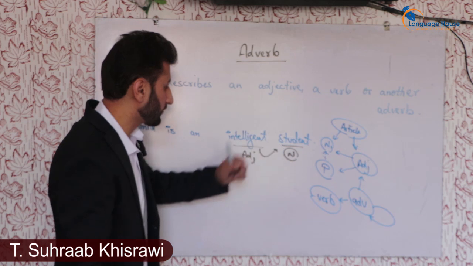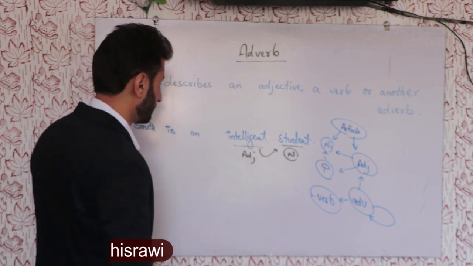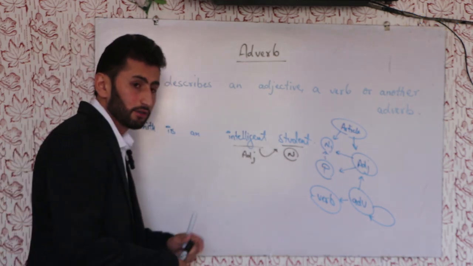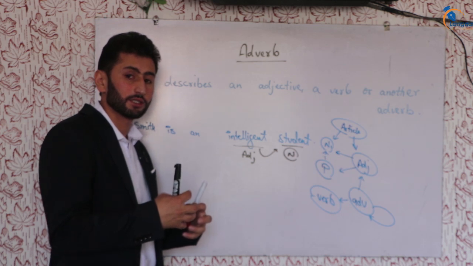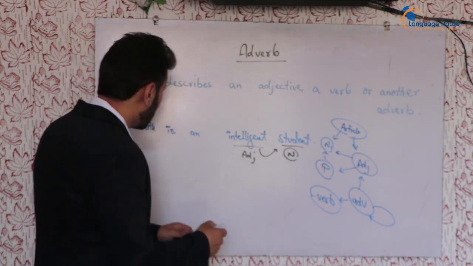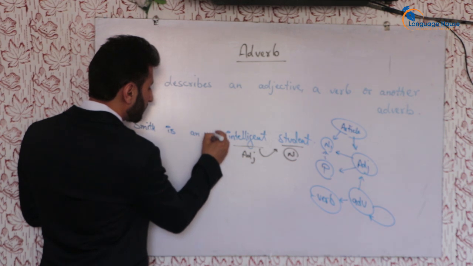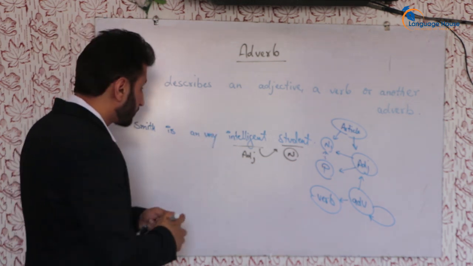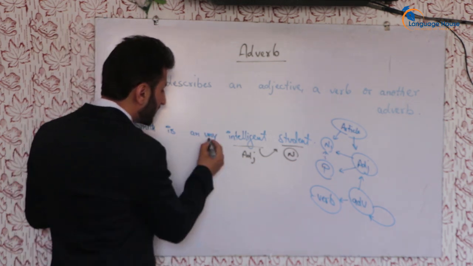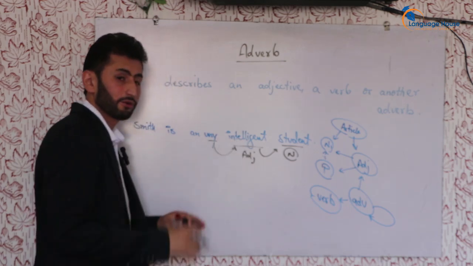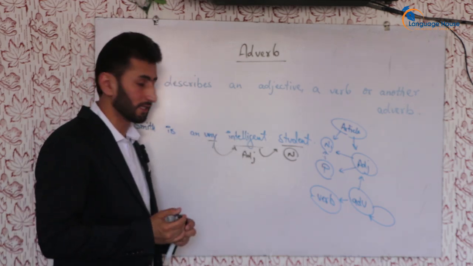Which is the student, right? Now we do not know how intelligent Smith is, okay? So I use the word here, Smith is very intelligent, right? So you can see here now very is modifying the degree of being intelligent, right?